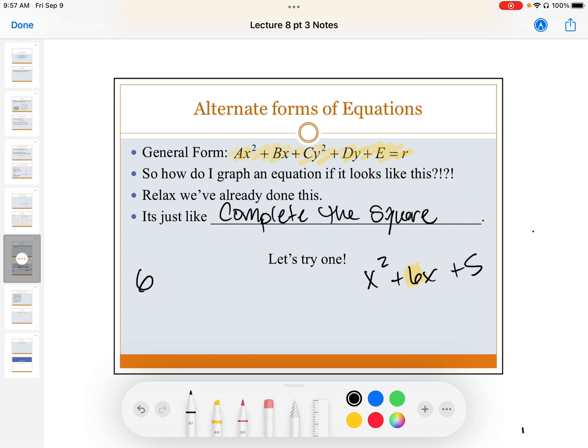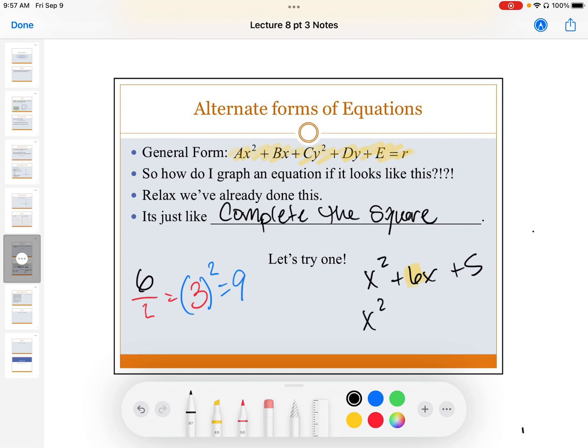And this is where we have to find our magic and our secret number. So to find that magic and that secret number, we would take that 6 divided by 2, which would give me a 3. Then I have to square it, which would give me a 9.